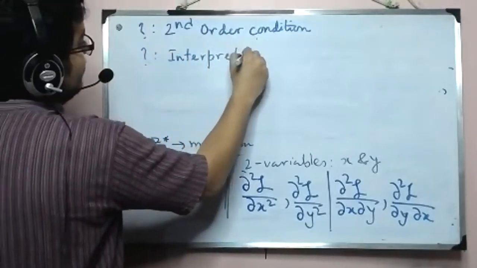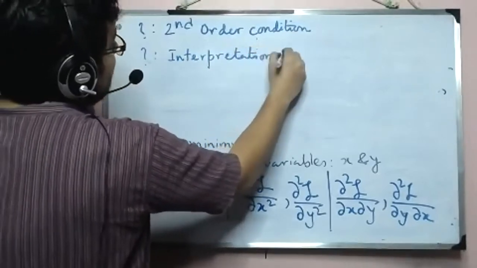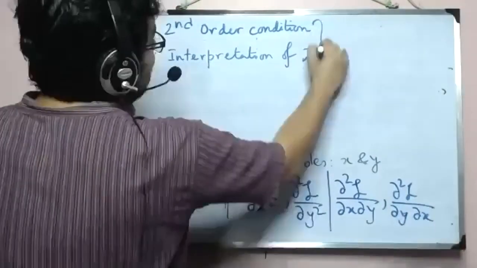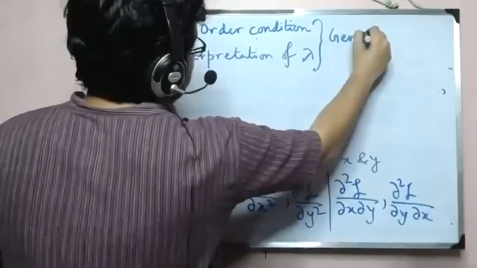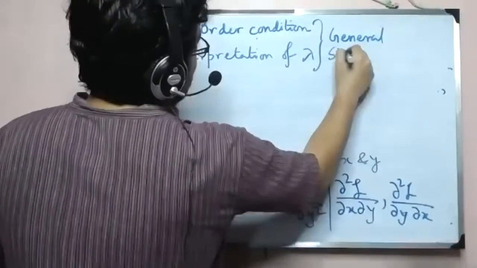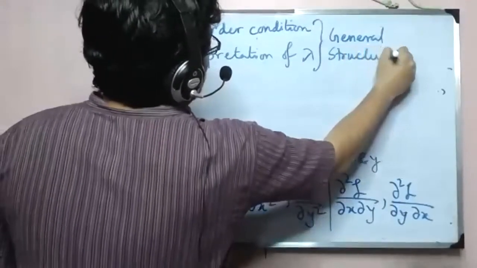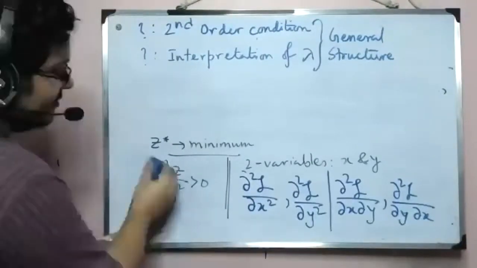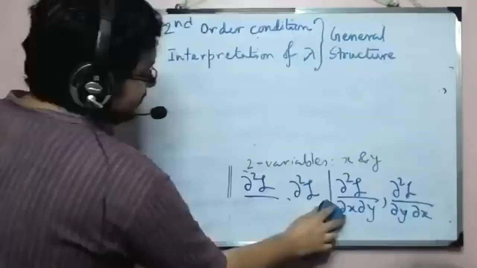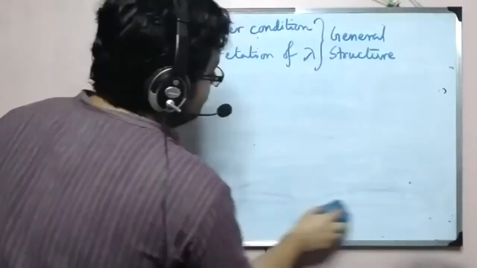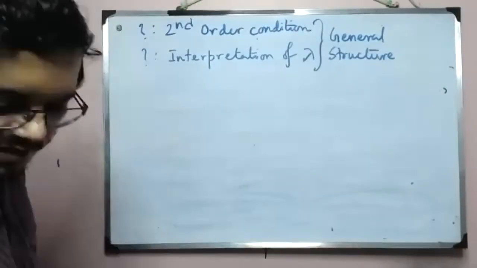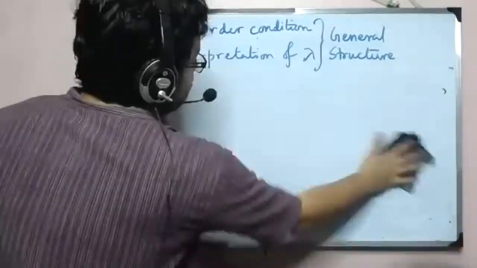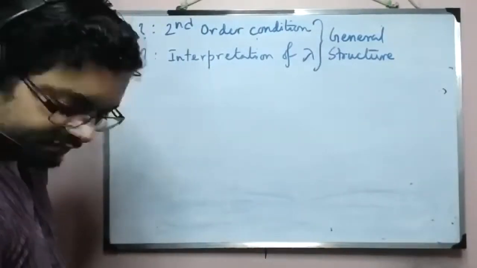But for that, we need the general structure. And how must we write the general structure? The general structure will be this.